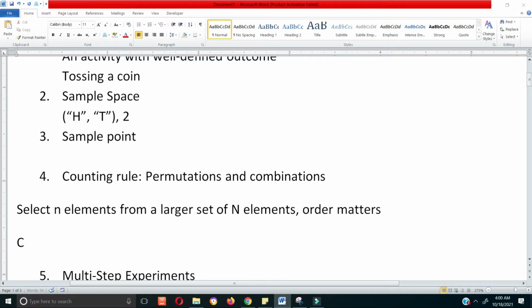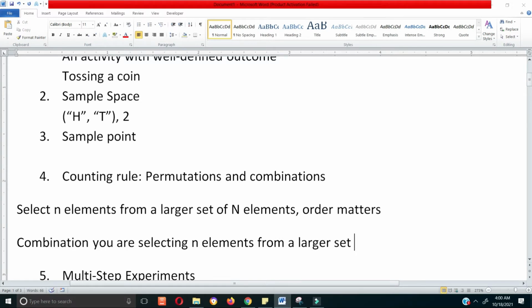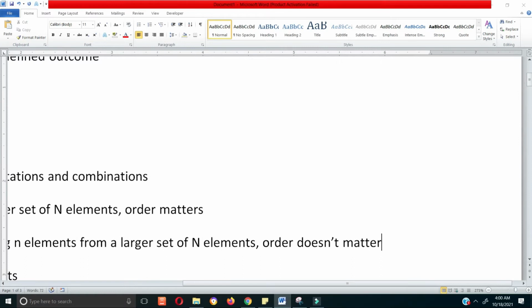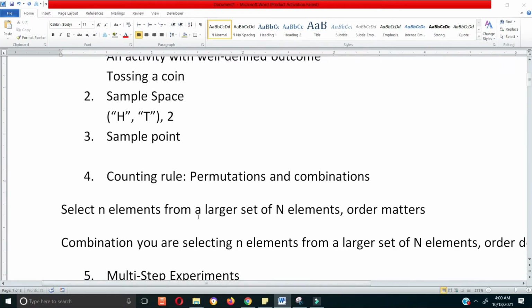Then with a combination, you are selecting n elements from a larger set of N elements, N uppercase, and in this case order doesn't matter.